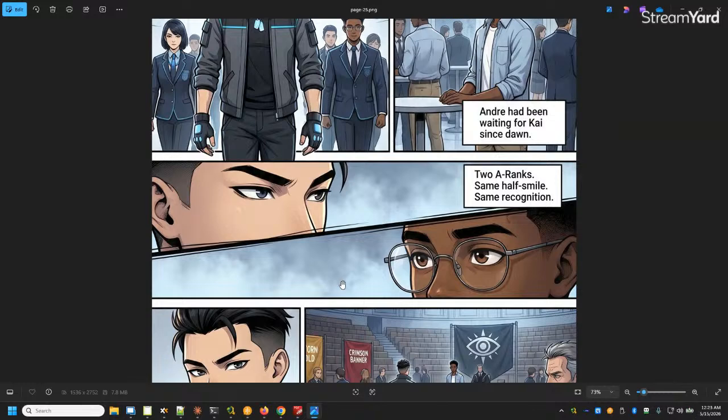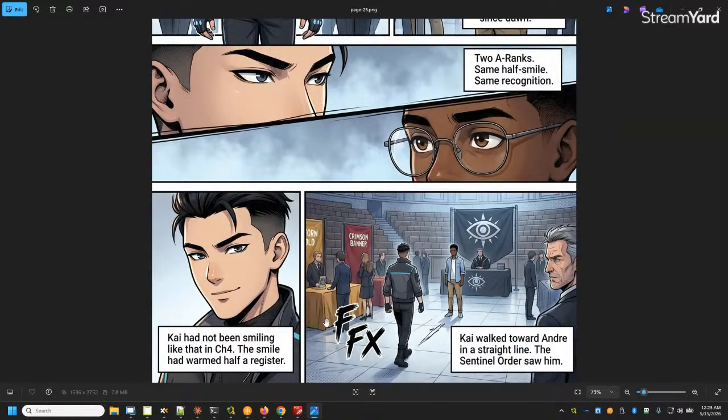Two ranks, same half smile, same recognition. Kai had not been smiling like that in chapter 4. That's true. It's probably the first time he smiled. Smile had warmed half a register, whatever that means.